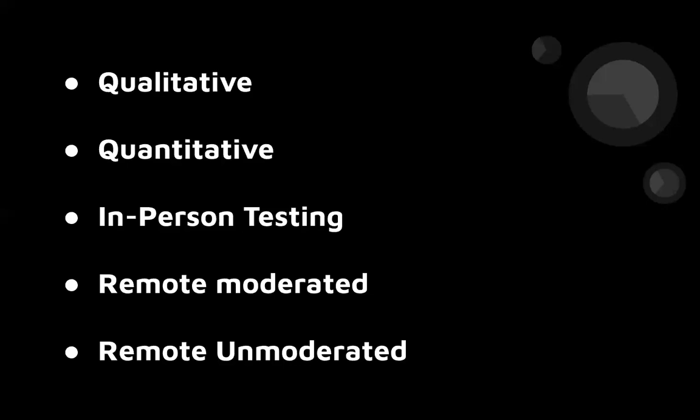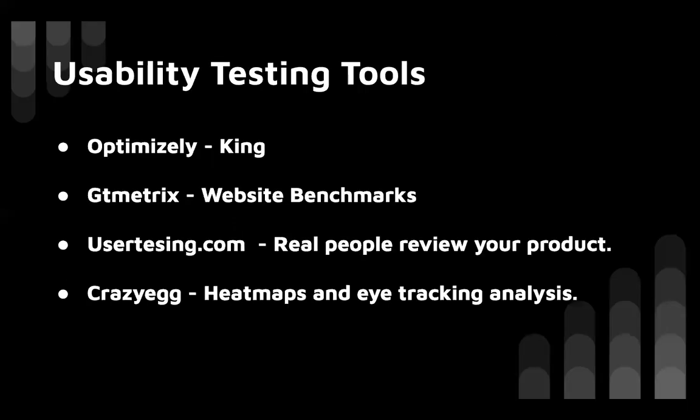So you would use websites or services that allow you to do remote unmoderated testing. Some of those tools are Optimizely. Optimizely is more or less like the king of usability testing.